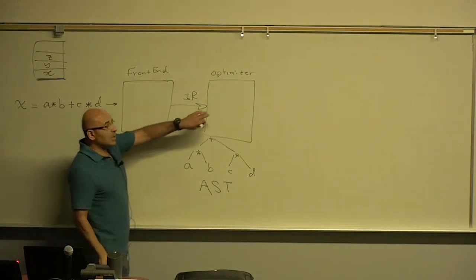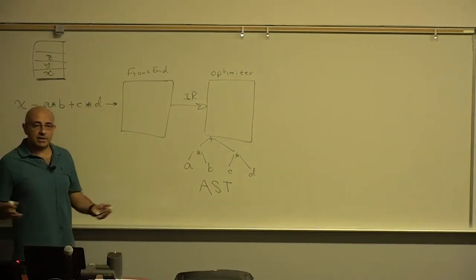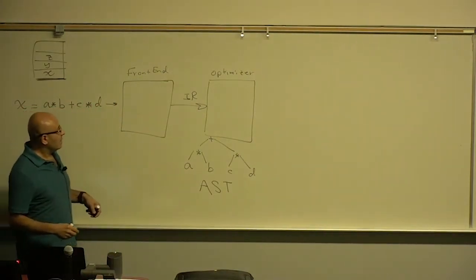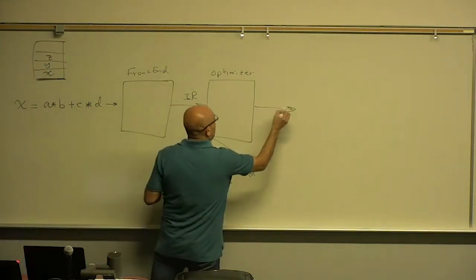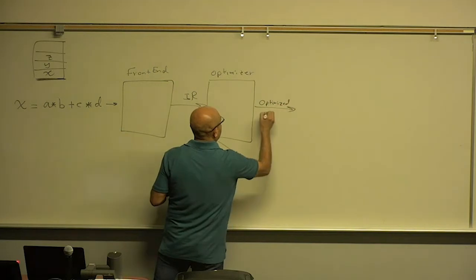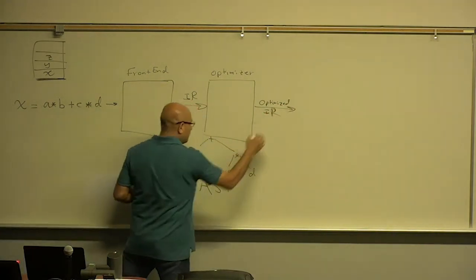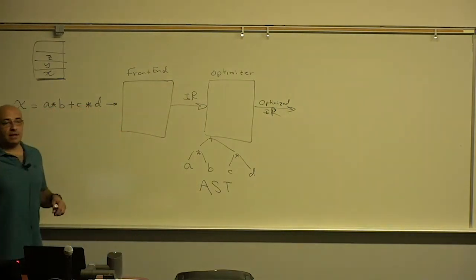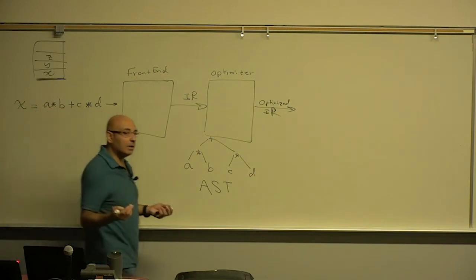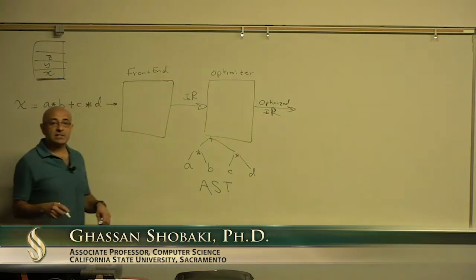Then the optimizer will apply some transformations to improve the quality of the code and eliminate some redundancies, etc. And then it will produce optimized IR, intermediate representation. So this abstract syntax tree is one of the intermediate representations that a compiler may use. Compilers typically use multiple intermediate representations, and the abstract syntax tree is one of them.